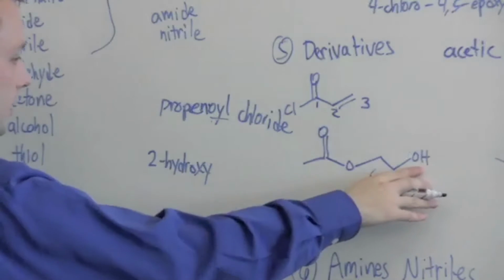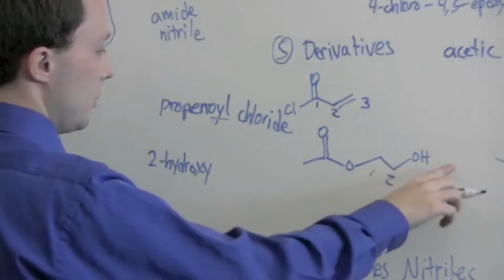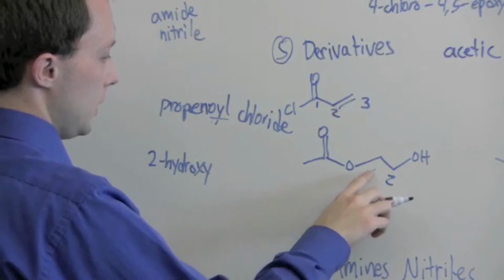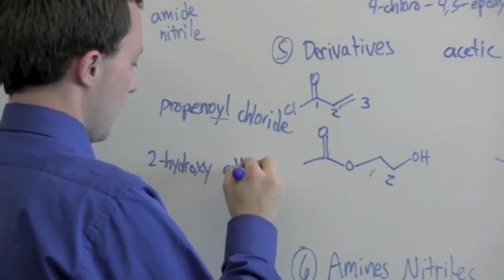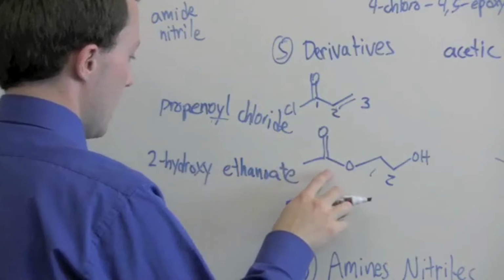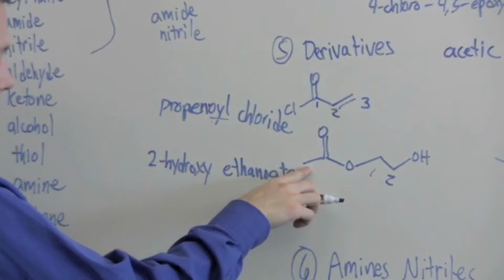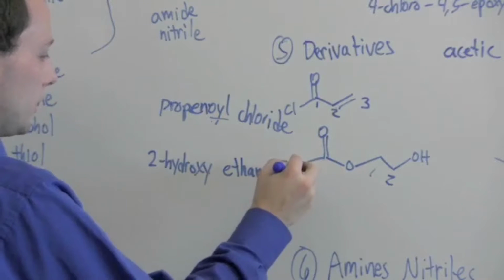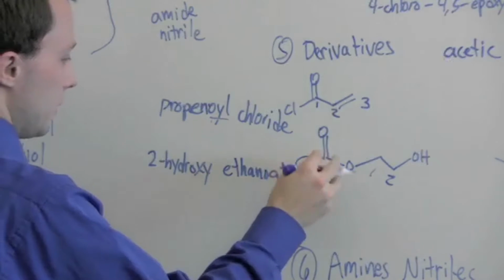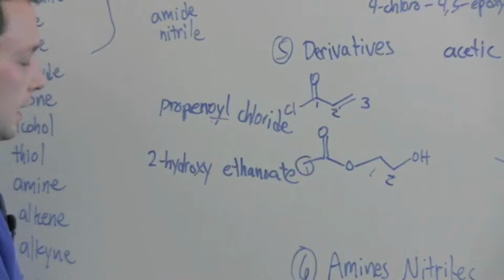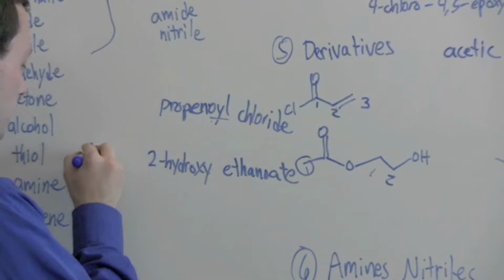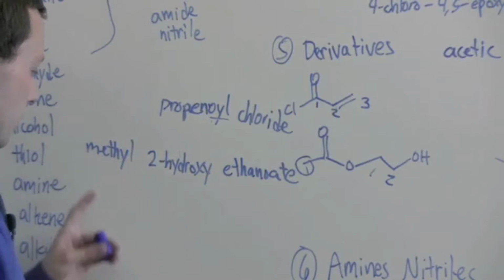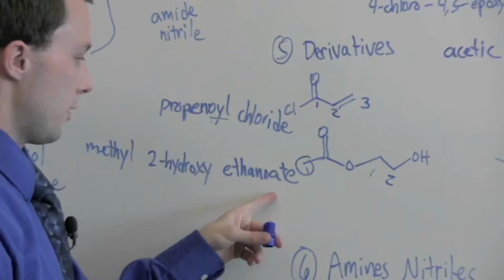This is going to be the parent chain because it's longer, and so it's going to be ethanoate, and then this side of the ester is actually going to be called just by this carbon. We kind of ignore the carbonyl carbon in naming esters, which is interesting and different. And so it's going to be called methyl 2-hydroxyethanoate.